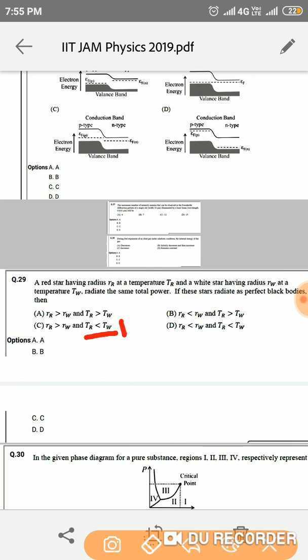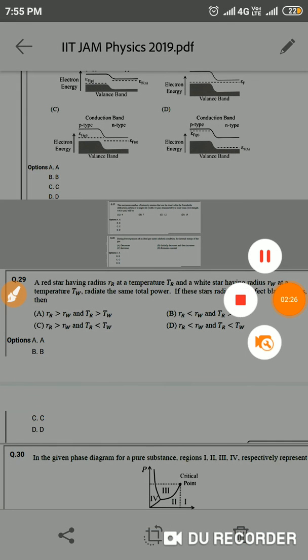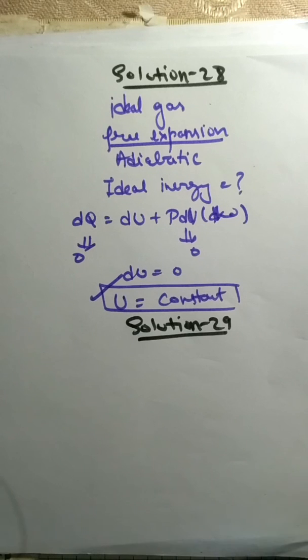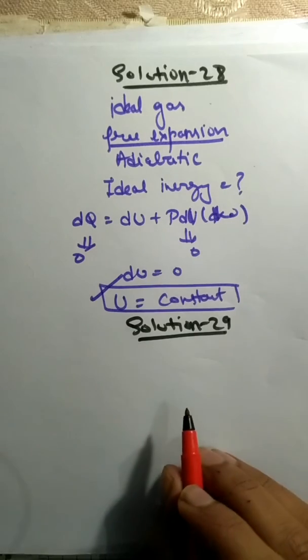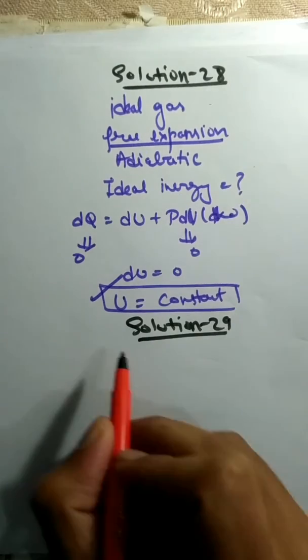Now coming to the radius, since both the stars are radiating as black bodies, and both are radiating the same total power, let's see how to apply Stefan's law in the notebook. So let's apply Stefan's law for question number 29.